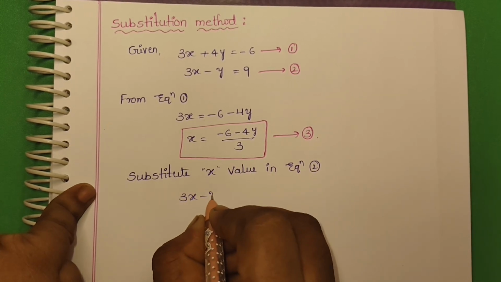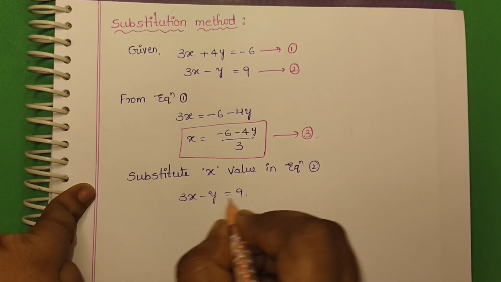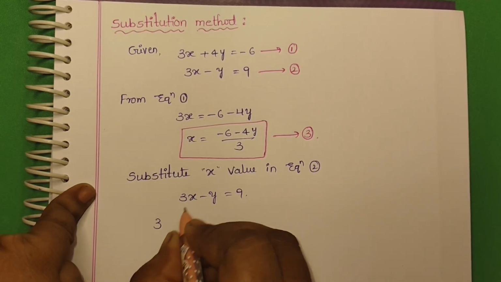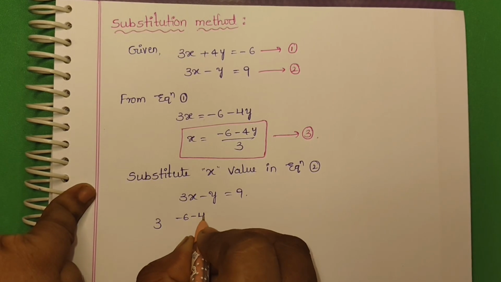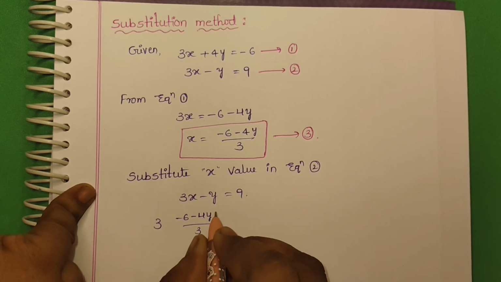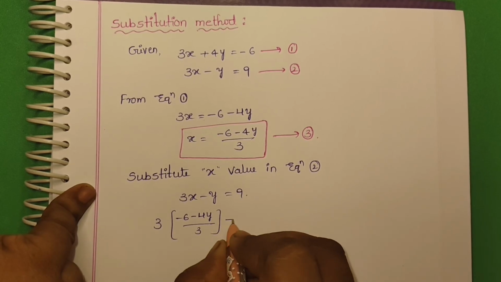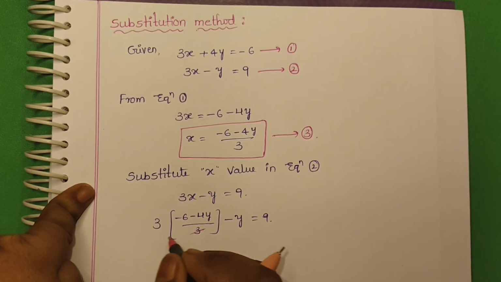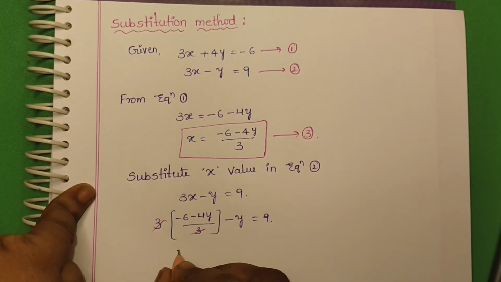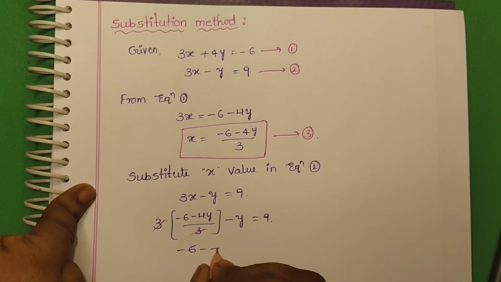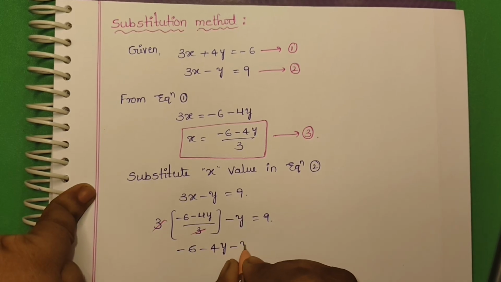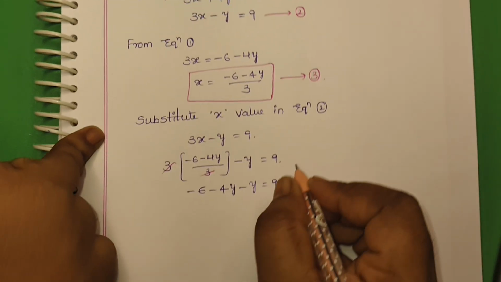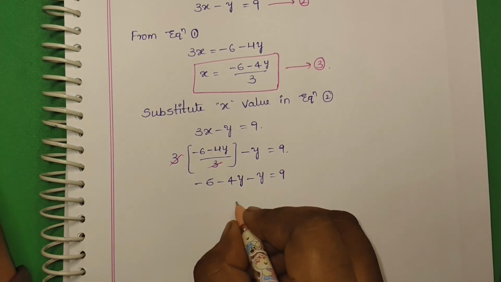In the place of x, substitute minus 6 minus 4y by 3. 3 into minus 6 minus 4y by 3, minus y is equal to 9. So 3 is in the numerator and 3 is in the denominator, means 3 by 3, both the terms are cancelled. So minus 6 minus 4y minus y is equal to 9 here.